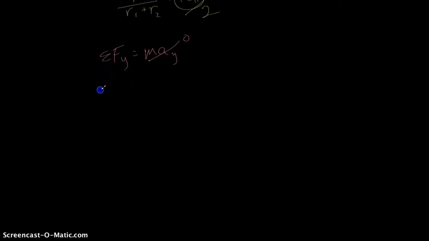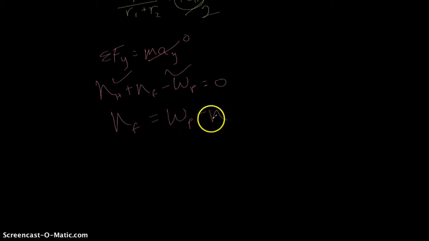But now we know normal force of the hands plus normal force of the feet minus the weight of the person are going to equal 0. It's pretty straightforward at this point, because we know these. Normal force of the feet equals weight of the person minus normal force of the hands.